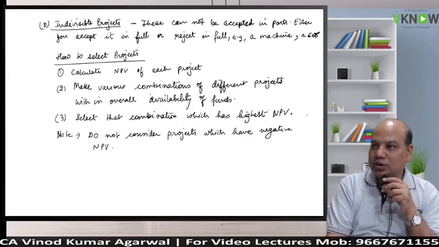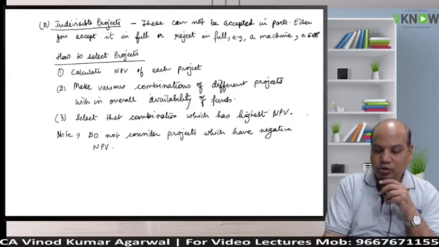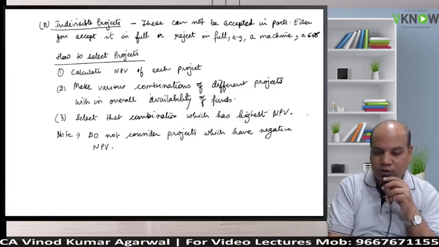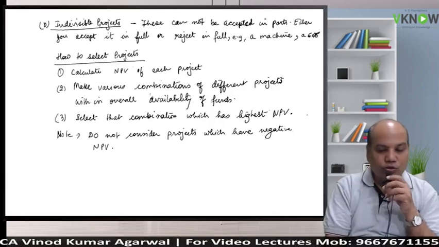It won't be considered in any combination, because if you include negative NPV, your total will fall. So simply reject them fully. So this is how you solve the problem of indivisible projects.